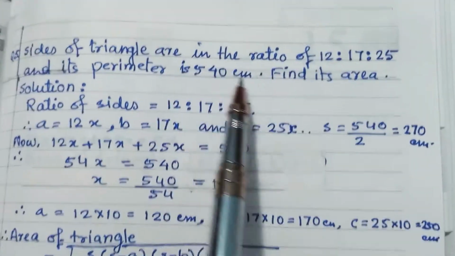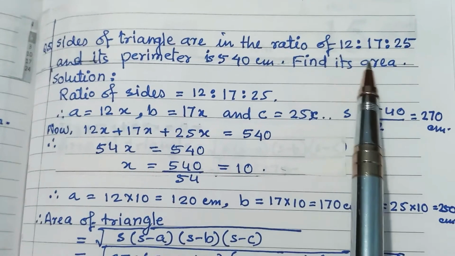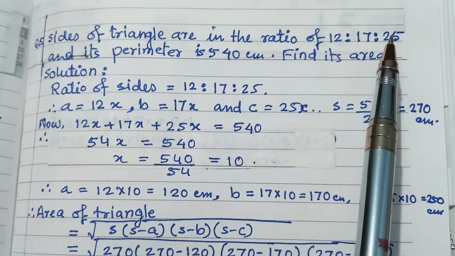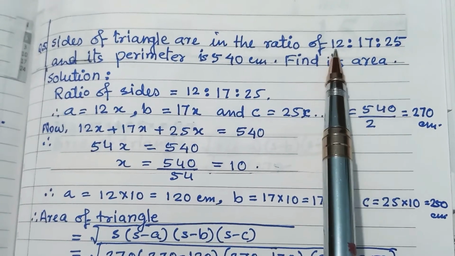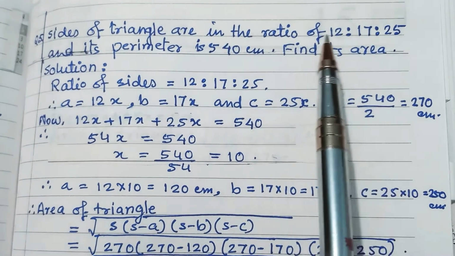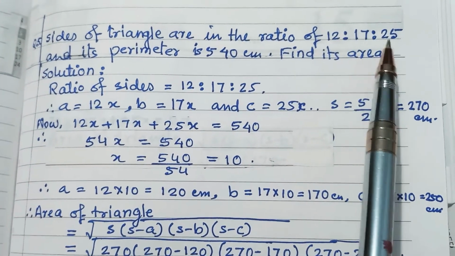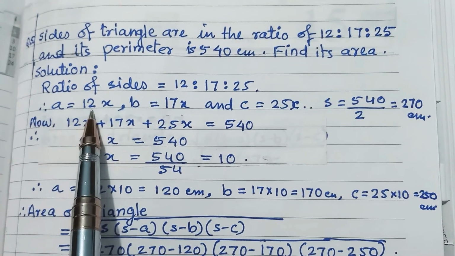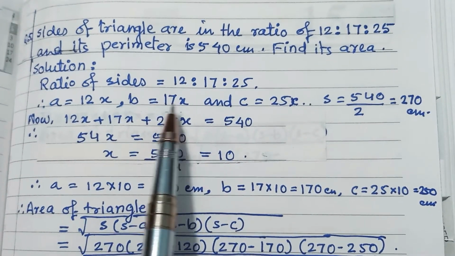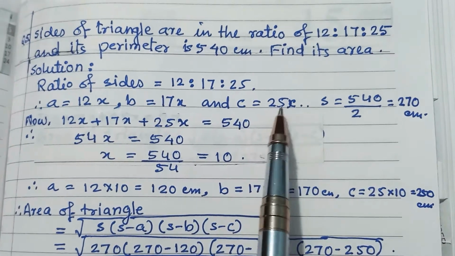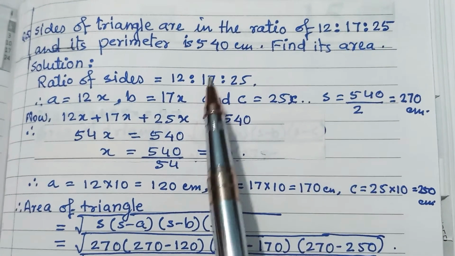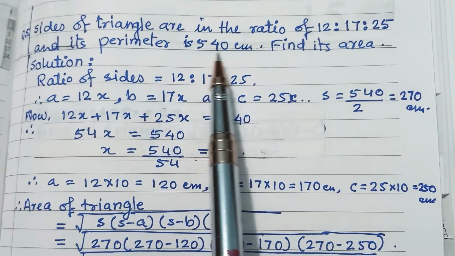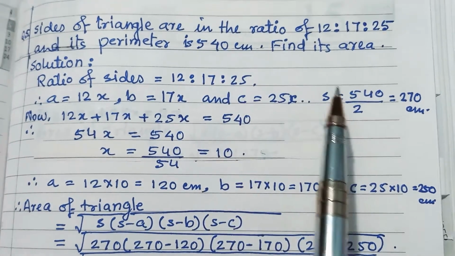Next question number 5. Sides of the triangle are in the ratio of 12 ratio 17 ratio 25. We know when the sides are given in ratio, for each individual ratio multiply by a constant. So A is equal to 12x, B is equal to 17x, C is equal to 25x. Now the perimeter is given, 540 centimeter.